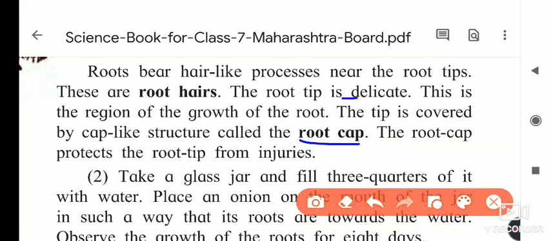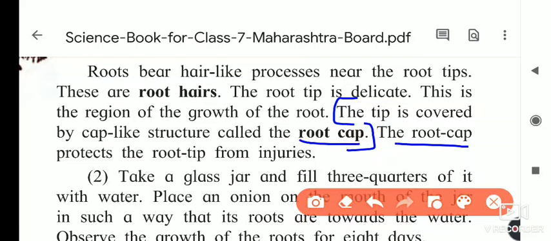Here is the definition: the tip is covered by a cap-like structure called a root cap. In addition to this definition, you can also add that the root cap protects the root tip from injuries. But if you write only the root cap definition, then also no problem.